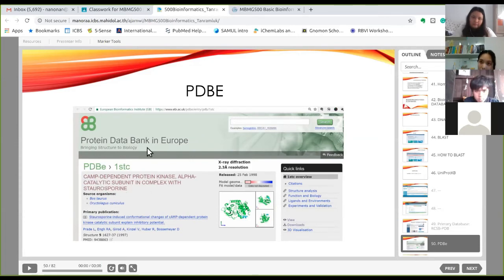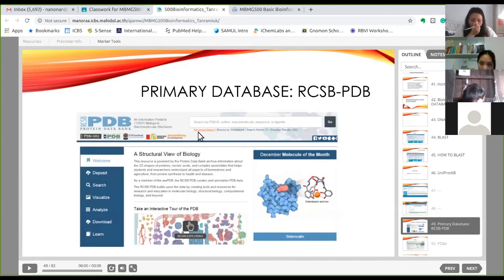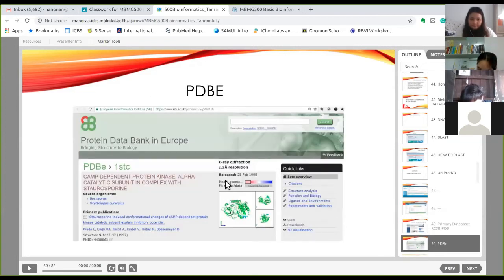It uses the same IDs but offers different presentation. You can also download the PDB files from this PDBe or RCSB Protein Data Bank. The file will be exactly maintained to be the same.